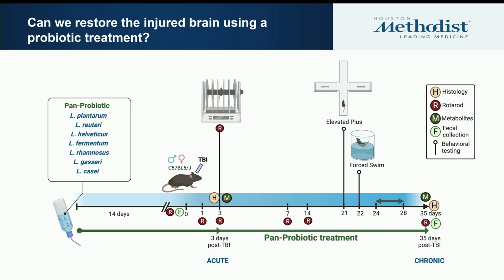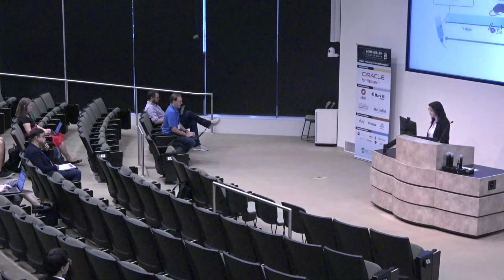And then we did the TBI model, analyzed the microbiome at different time points, and performed behavioral testing. I don't know if you are familiar with behavioral testing in animals, but there are several approaches that we can do. And then we analyzed the response acutely and at a chronic time point.